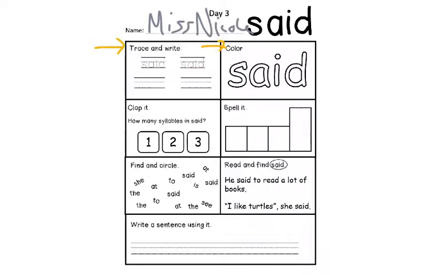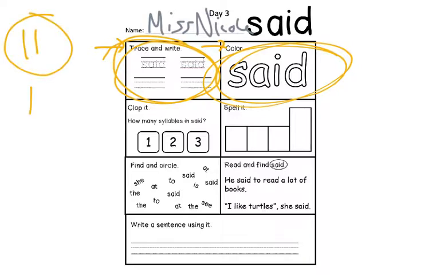Make sure as you're writing each letter, you're saying the letter S, A, I, D, and then you have to read the whole word, said. So go ahead and pause your video and complete the trace and write and the color. And when you're done, press the play button so we can continue on.